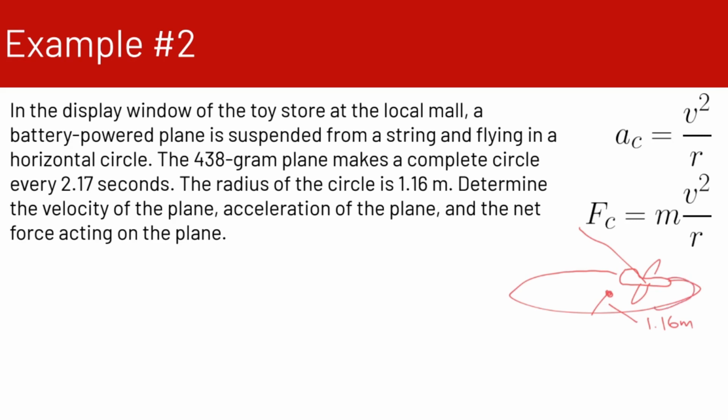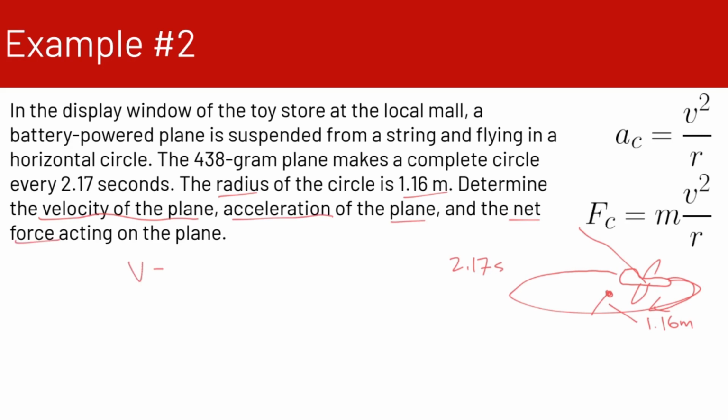It's going around and around, and it takes 2.17 seconds to go around. So we have the radius, and we want to know the velocity of the plane, the acceleration of the plane, and then the net force acting on the plane. So let's look at the velocity first.